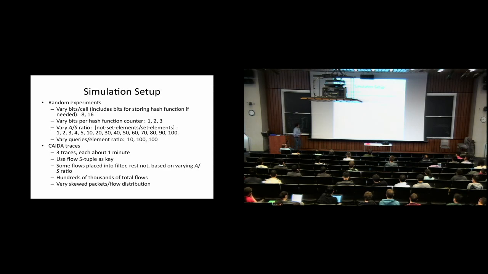We've done some large-scale simulations, some of it just with artificial data, some of it with data based on network traces, using the 5 tuples as keys, separating some of them out to be ones placed in the filter, others to be the queries that we'd ask.